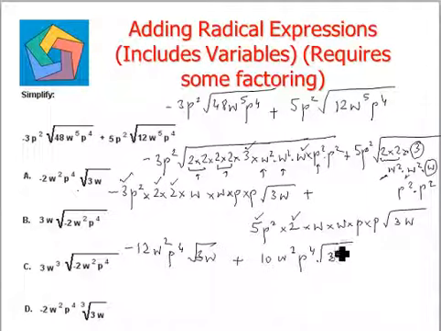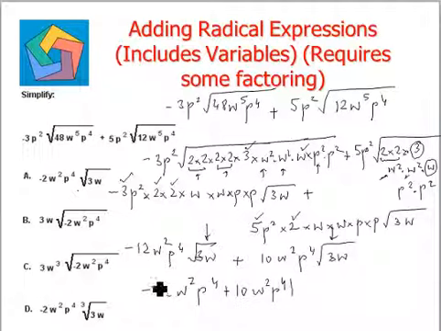Now we see we have the same radical inside, so we arrange it like this, negative 12 w squared p to the power of 4 plus 10 w squared p to the power of 4, all multiplied by square root of 3w.